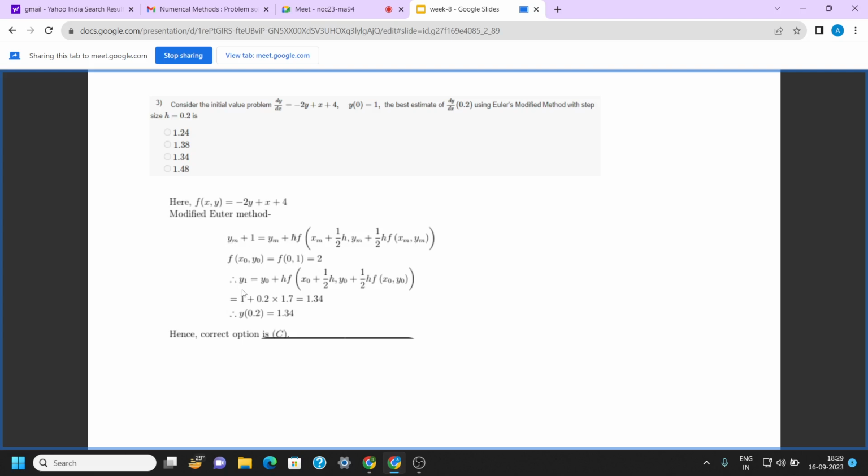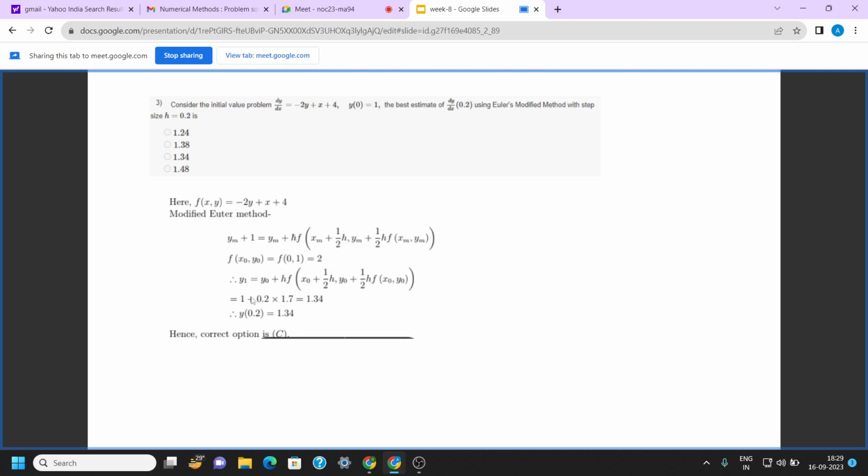So y1 will become, by substituting here, at the place of m put 0. So 0 plus 1, you will get y1. So y1 is equal to y naught plus h times f of x naught plus half into h, y naught plus half into h times f of x naught, y naught.